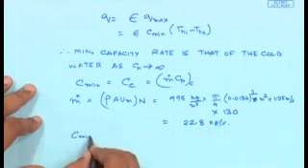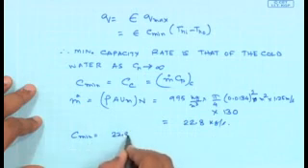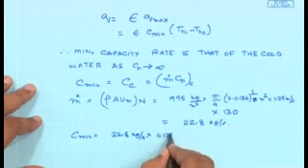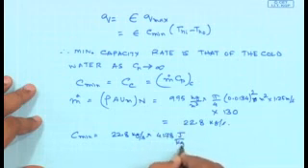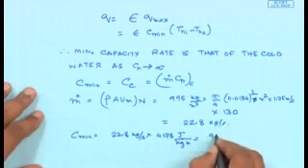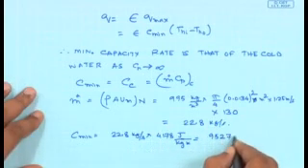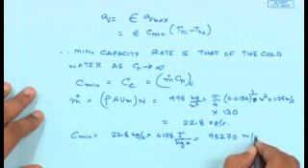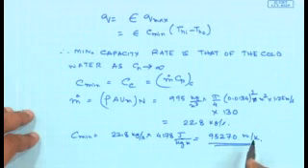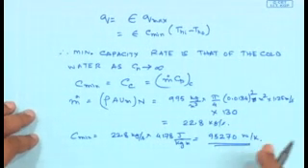So my C minimum is 22.8 kg per second into 4178 joule per kg per Kelvin, which is 95270 watt per Kelvin. So this is the value of C minimum that we have obtained.